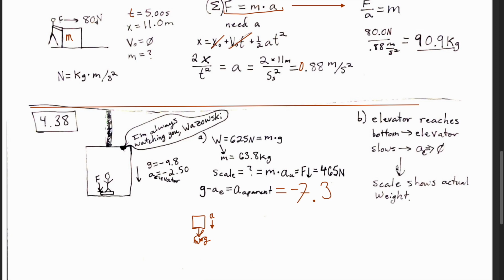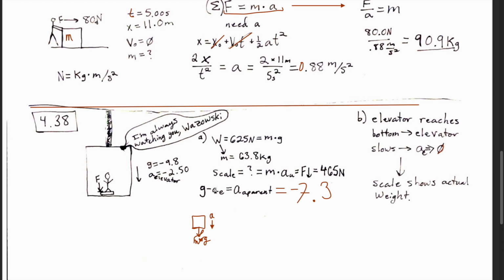Moving on over here. B, as the elevator reaches the bottom, the elevator slows down. So the acceleration of the elevator approaches 0. As something slows down, acceleration decreases, it approaches 0.